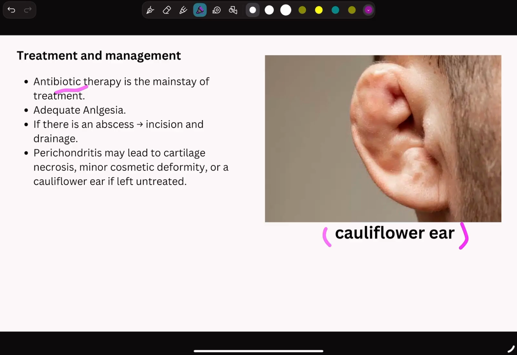And one of them is cauliflower ear, where the cartilage itself gets necrosed and it causes a very devastating condition, a deformed ear. It looks like a cauliflower. It's cosmetically not appealing, so we need to treat the patient very properly to prevent such avoidable complications.